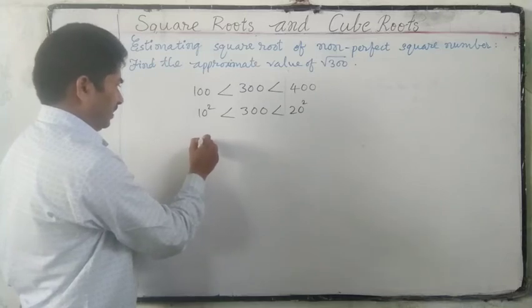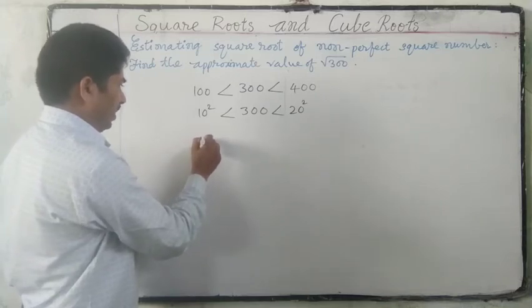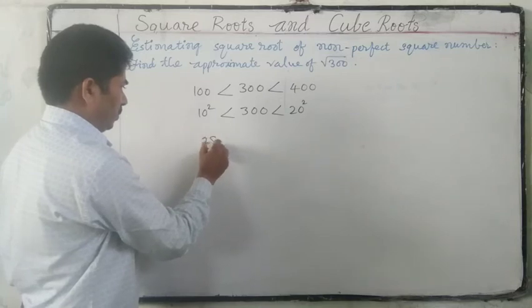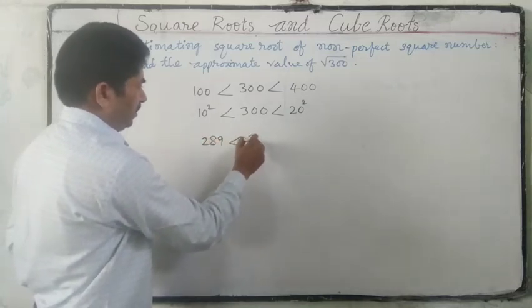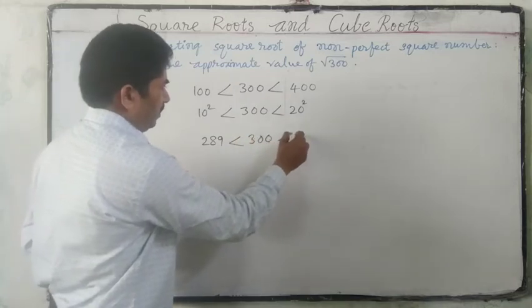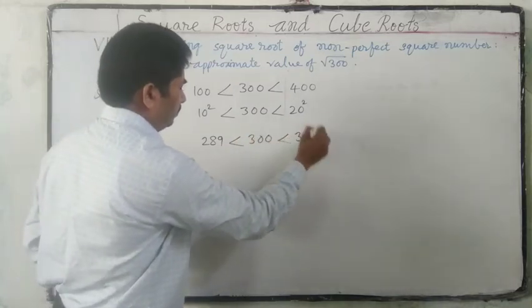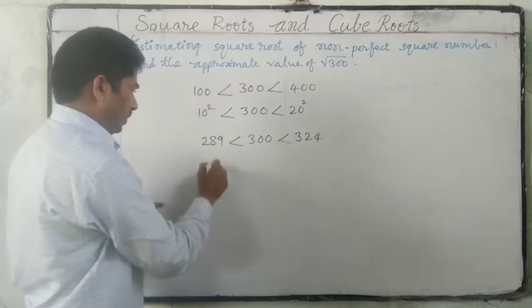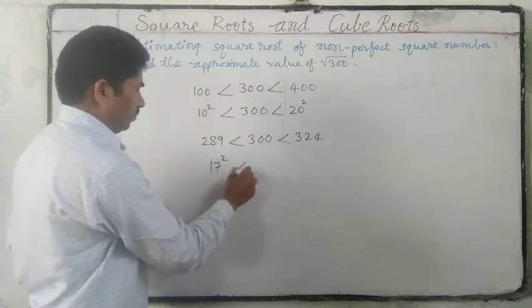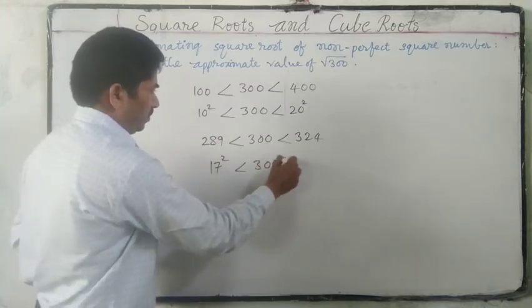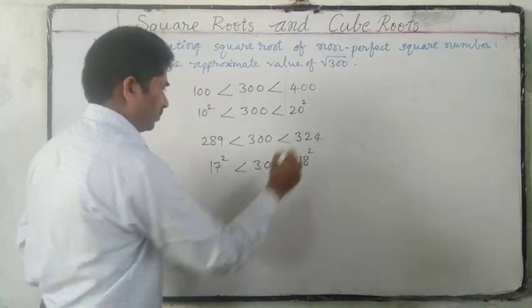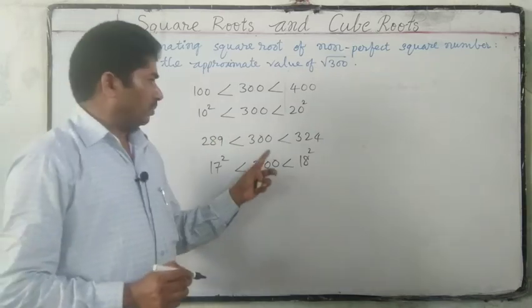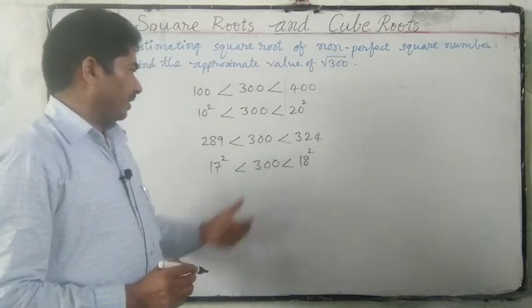Those are 17 square, 289, then 300, and 324. We know 289 is 17 square, and 324 is 18 square. So which is very close to 300?